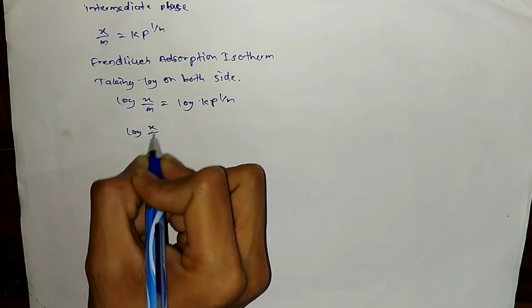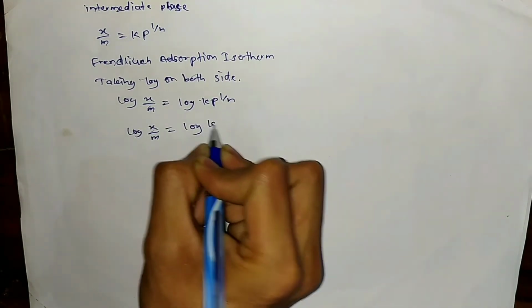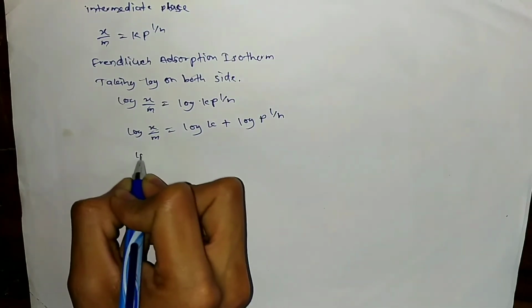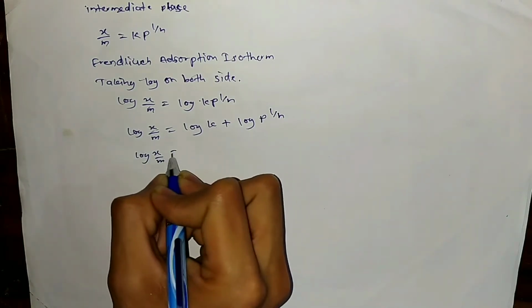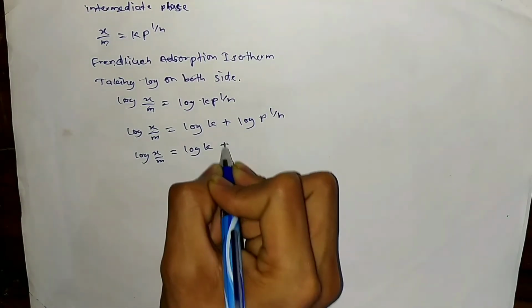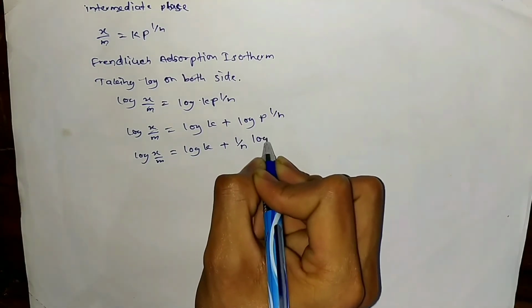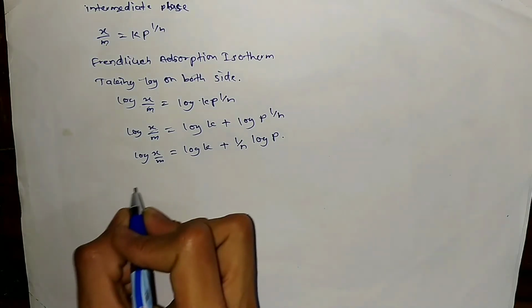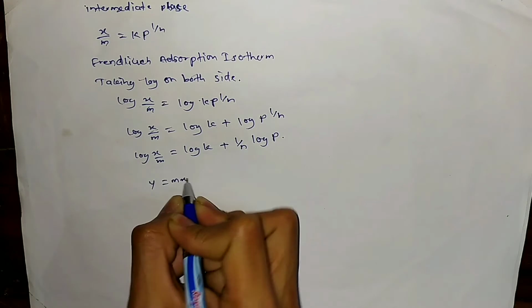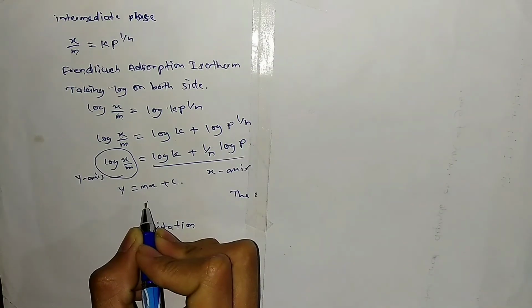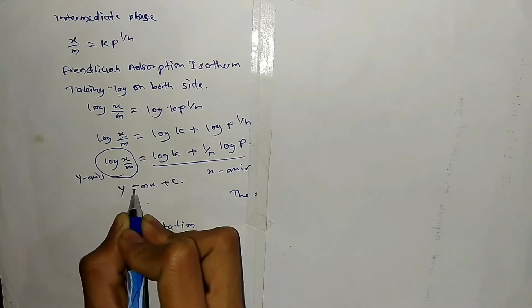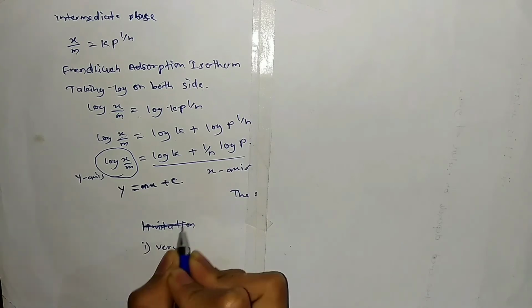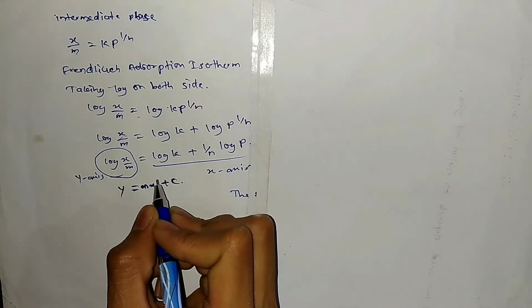So log x by m is equal to log k plus 1 by n log p. This part remains the same, and 1 by n log p. These equations look like y is equal to mx plus c, our general equation. We will plot the graph.